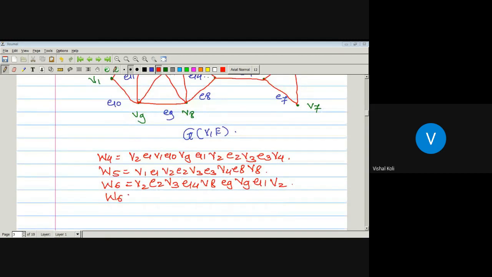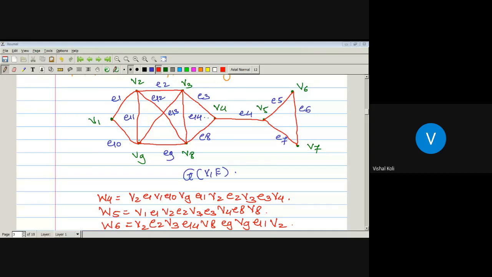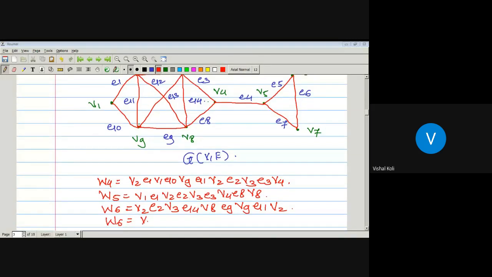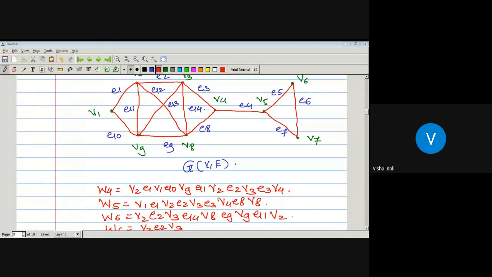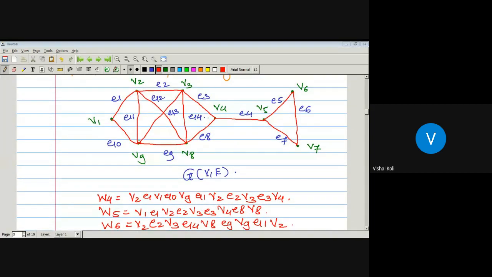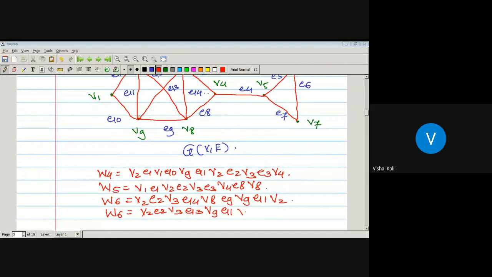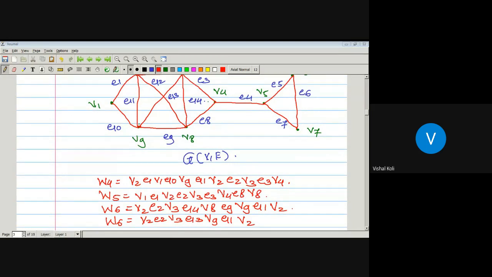And another walk W7 as V2, E2, V3, E2, V3, E13, V9, E11, V2, E1, V1, E10, V9, E11.